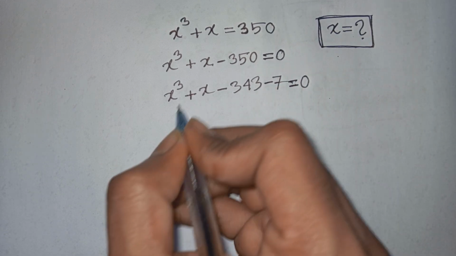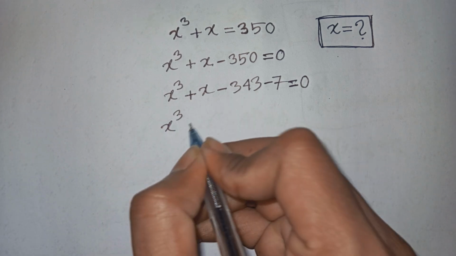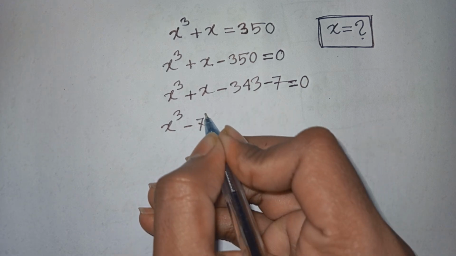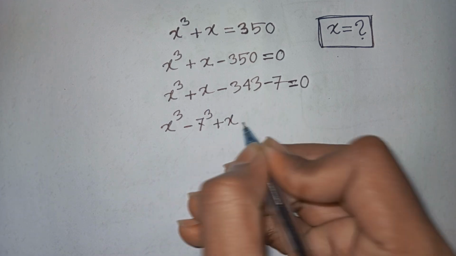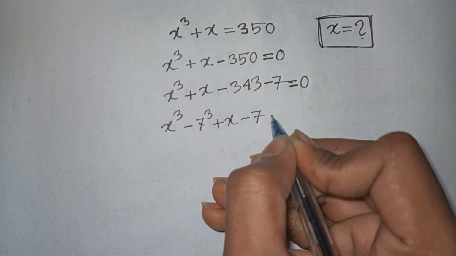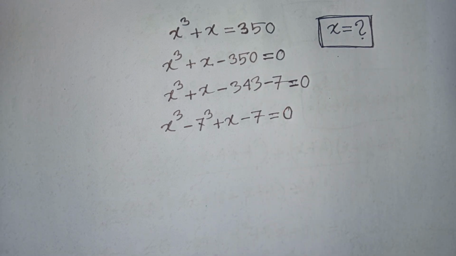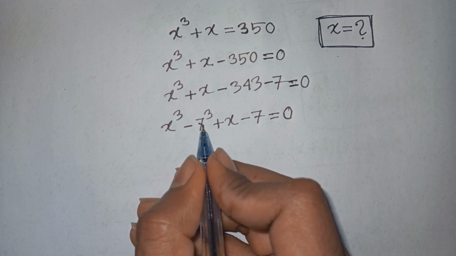Now we have x cube, then minus 343 can be written as 7 cube, then plus x minus 7 is equal to 0. Now here we apply the formula of a cube minus b cube.